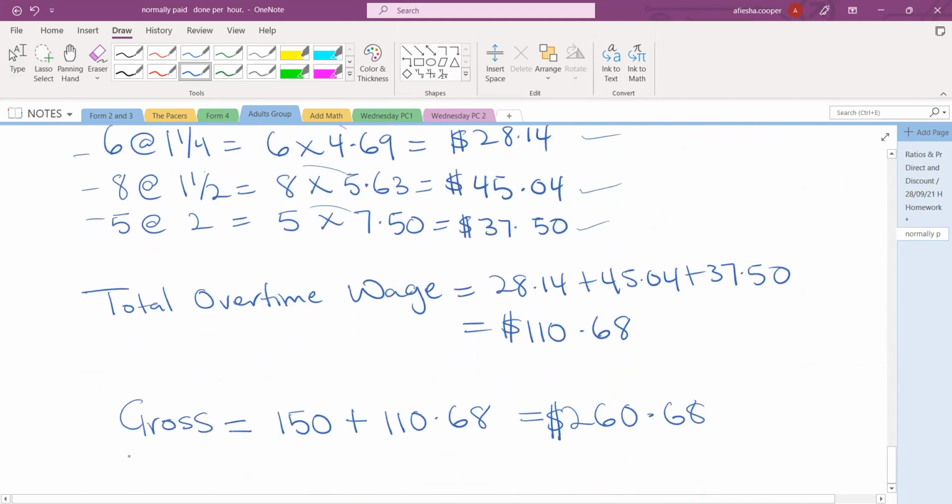Then her gross wage, the wage that she's getting before any deductions, will be her basic wage plus her overtime wage, which is the 150 plus the 110.68, which will give us 260.68. Any questions?